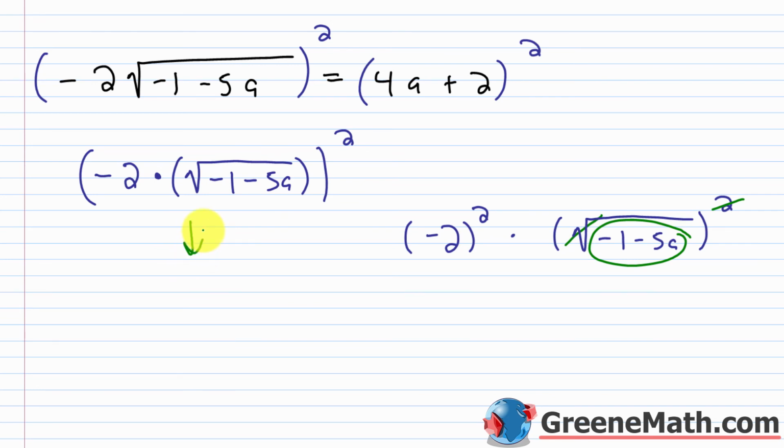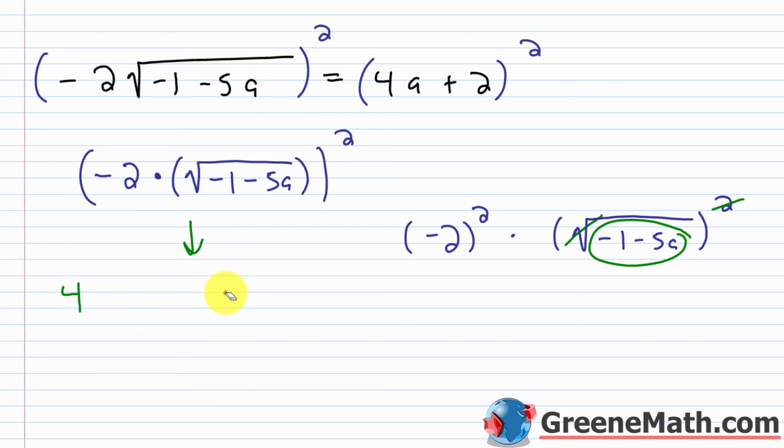So when this comes down, -2 squared, which I have here, would be +4. But this is still multiplying the result of this. So the result of this is the quantity -1 minus 5a, okay? The common mistake that you see is, let me just erase this. Students just go, okay, well, this is 4 minus 1 minus 5a. That's not correct.